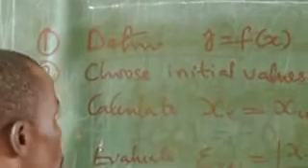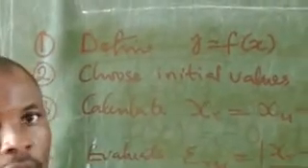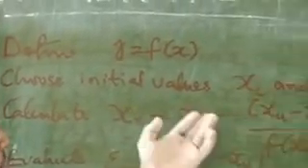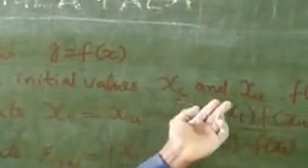The next step you do is to choose two values, the initial values for xl and xu, so that f of xl times f of xu is less than 0. And you simply know this is less than 0 if they have different signs. One is negative and the other is positive.